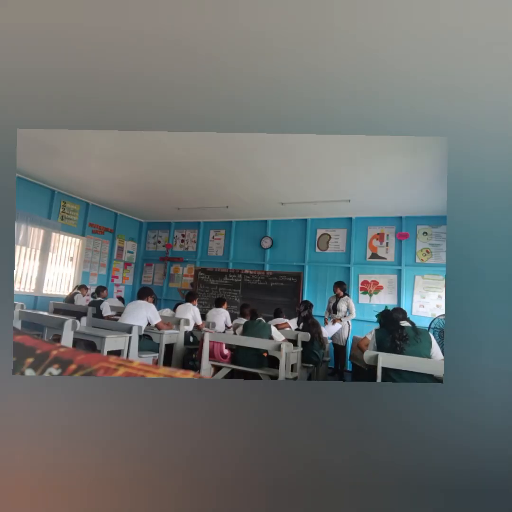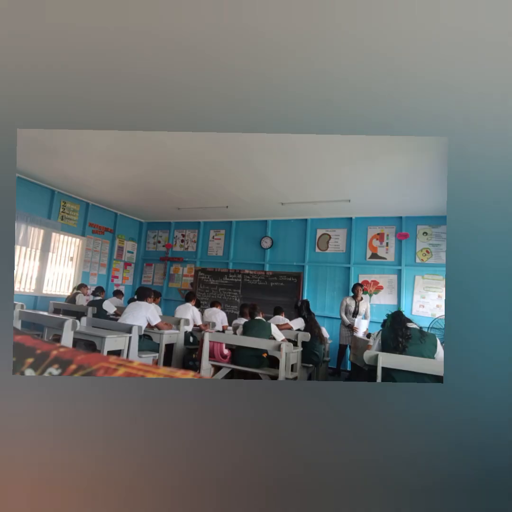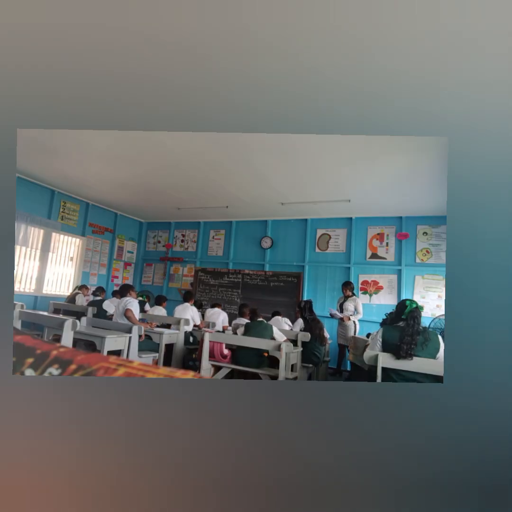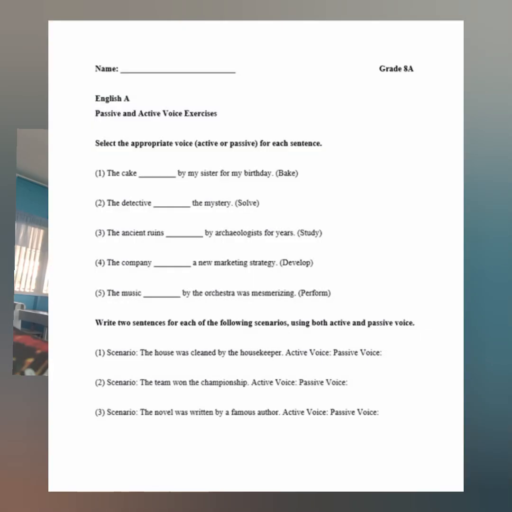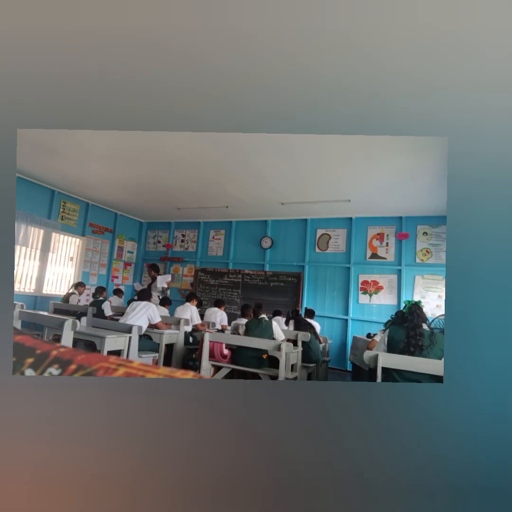We're all finished copying? Alright, two more persons. So for the persons who are finished, you're doing the first exercise. In the first exercise, it says that you're to select the appropriate voice, whether it's active or passive, for each sentence.